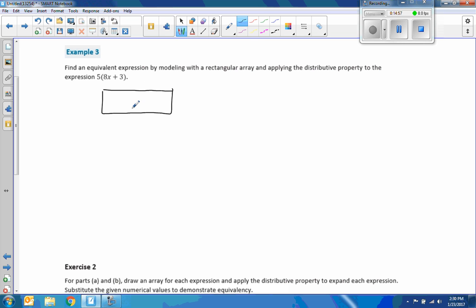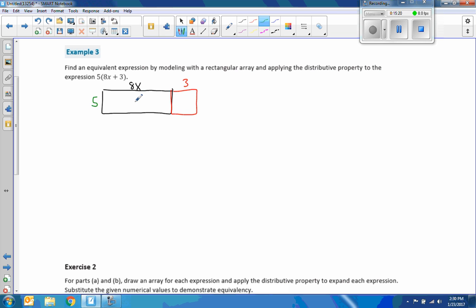Then I could make a smaller piece. Call that 3. The length here is 3. The length of this is 8x. And then finally, the width is 5.